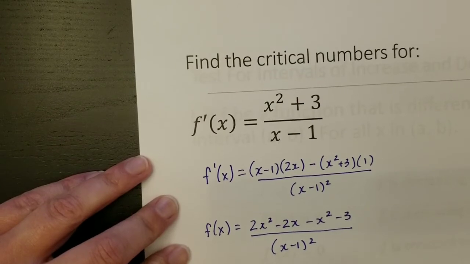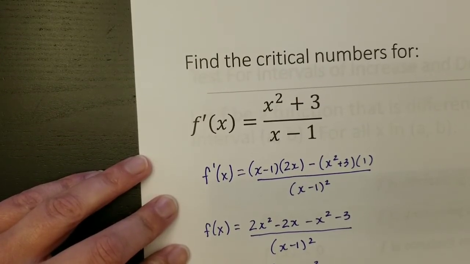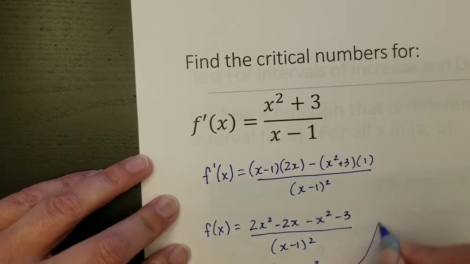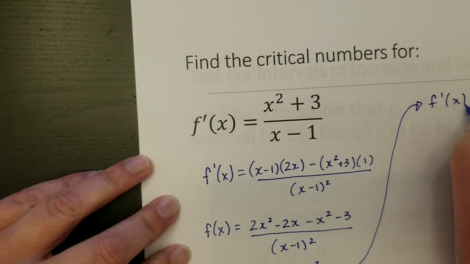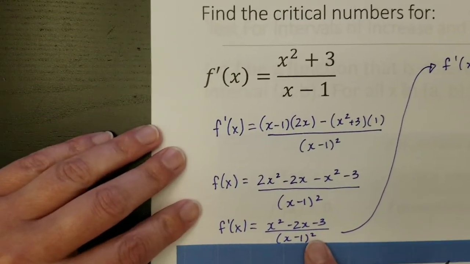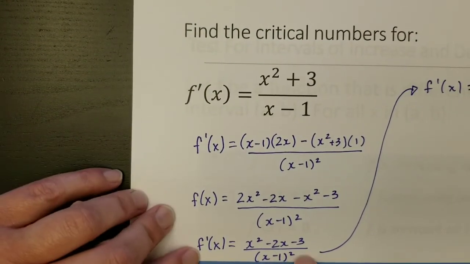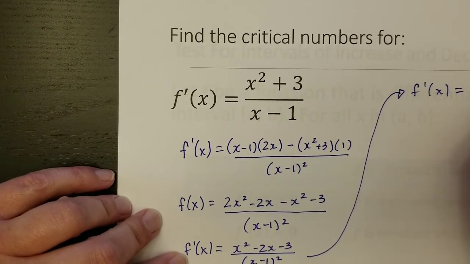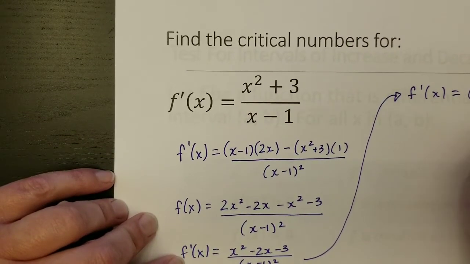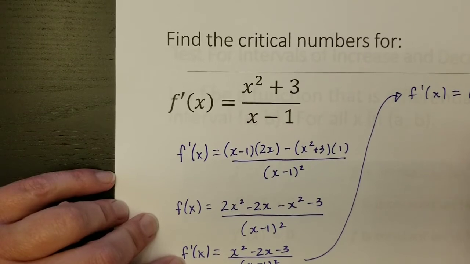So x squared minus 2x minus 3 over x minus 1 squared. And then factor the numerator. So I get x minus 3, x plus 1 over x minus 1 squared.